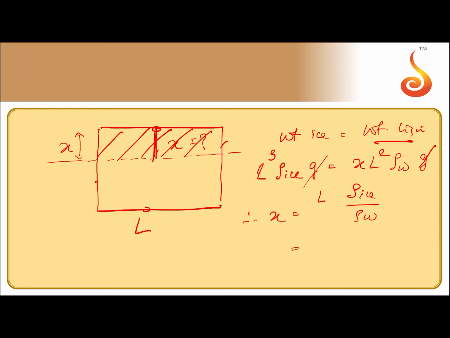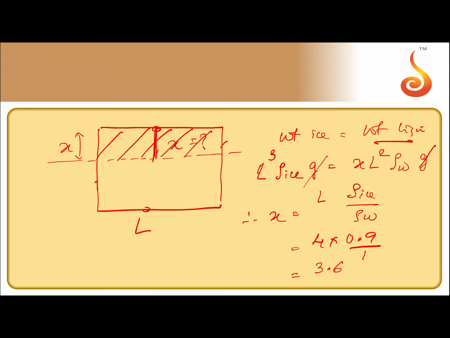What is that L? The ice cube is of side 4 meter. Density of ice is 0.9, divided by 1. So you can simplify it further. So this is 3.6.